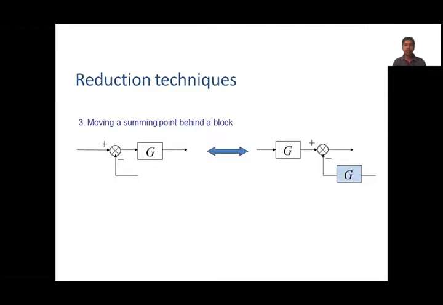So if you want to change the G block from after the summing point to before the summing point, what we can do is keep a G block before the summing point, which gives an additional block G here.